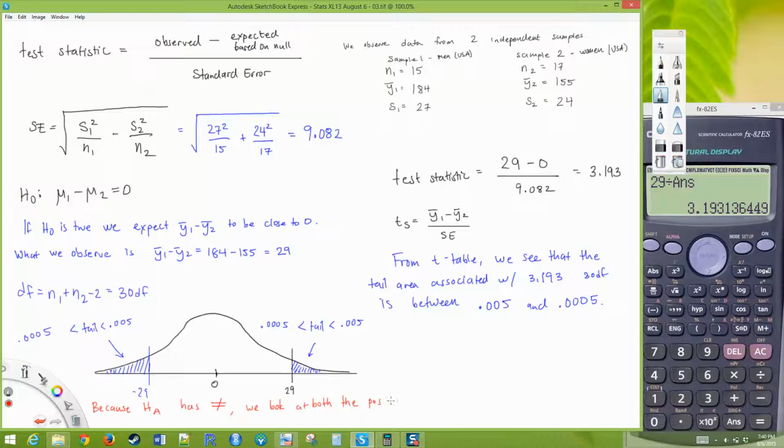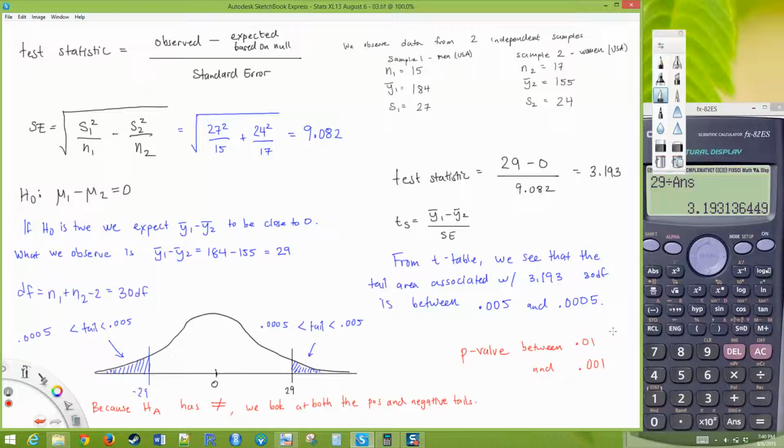Double it. So our resulting p-value is thus between 0.005 times 2, so 0.01, and 0.0005 times 2, 0.001.